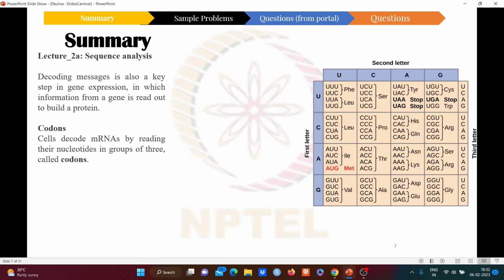An important point about the genetic code is that it is universal. That is, with minor exceptions, virtually all species from bacteria to us use the genetic code as shown in the table. Now we'll learn one more concept, that is reading frames.